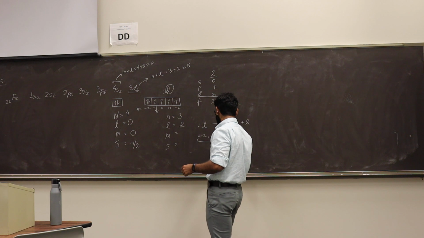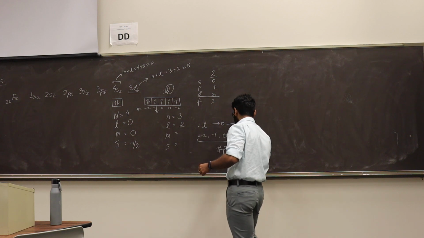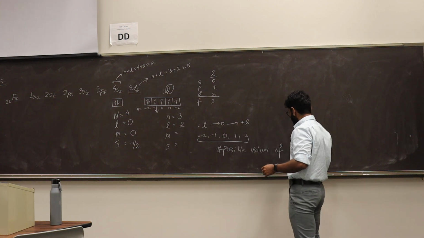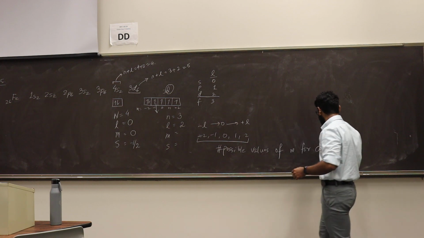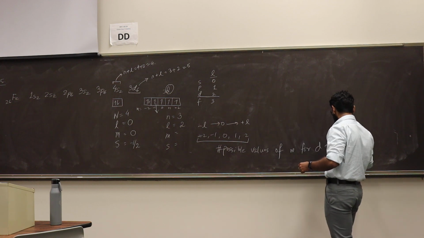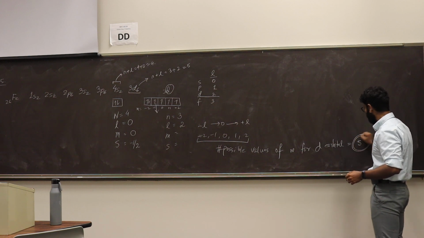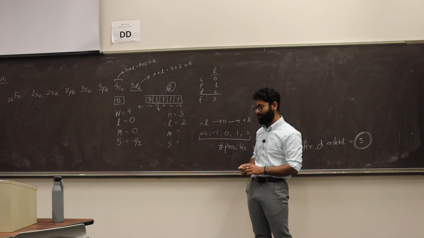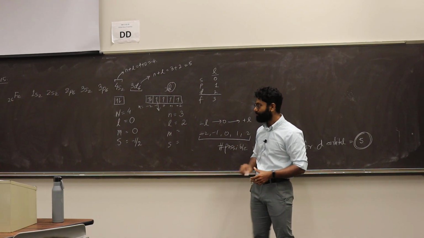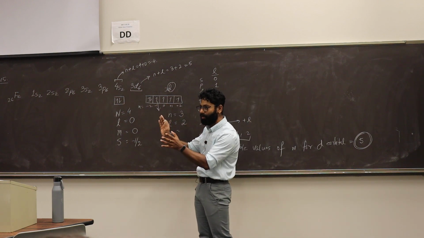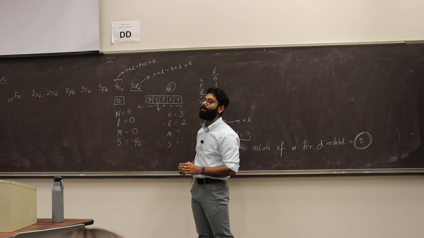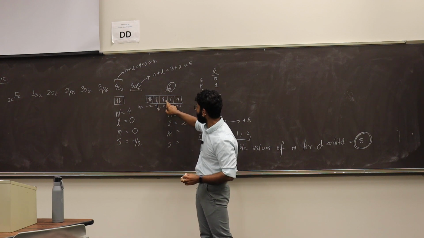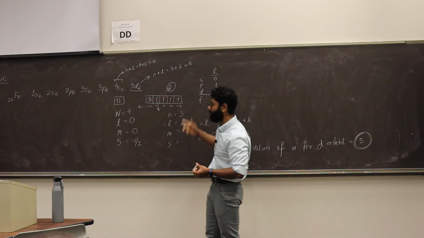The number of possible values of M for d orbital is 5. But what is the actual value? You get it from here. I think that's what you're getting confused with. But why is the actual value -1? You are just giving a number to one of these boxes. Oh, it's because we're working with that specific electron. Got it. If you work with this electron, the value will be 0.